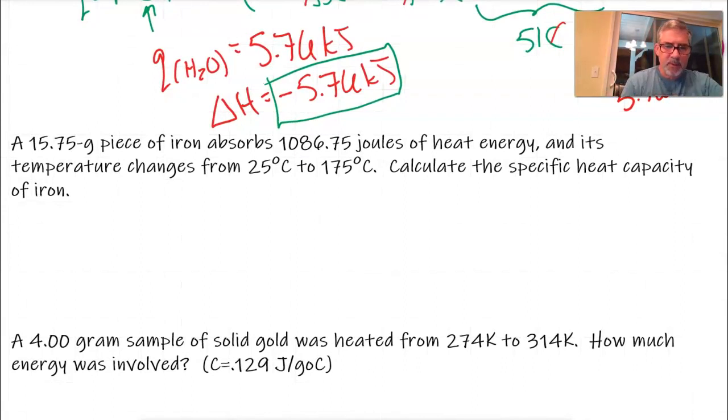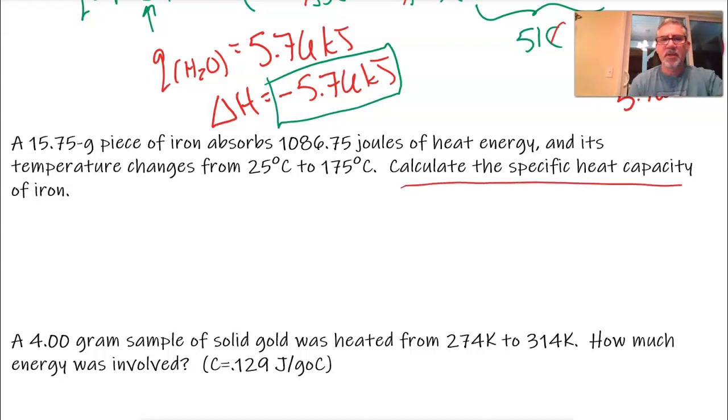This problem is different because this one asks you to calculate the specific heat capacity. When you see a problem like this, it's important to remember that C is equal to joules per gram degree Celsius. If you know what the units are, then you can place things in it.